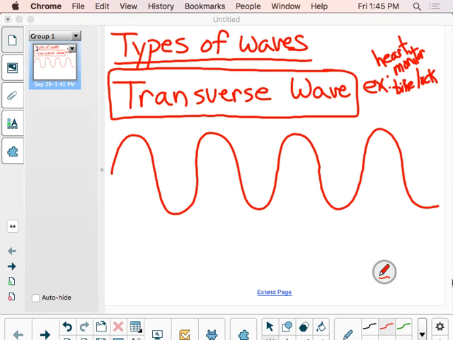Okay. Things that we can see. Could radio waves count? Okay, now radio waves, we can't see them, right? But they do have this shape, yeah. Because you got AM and PM.